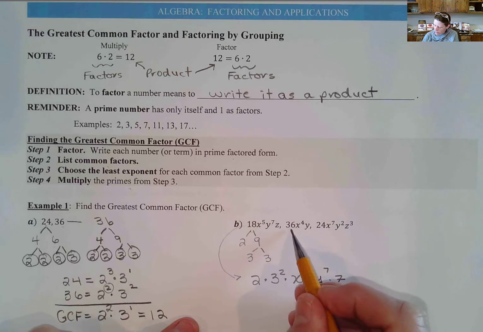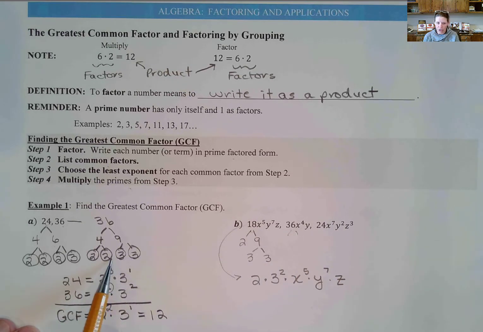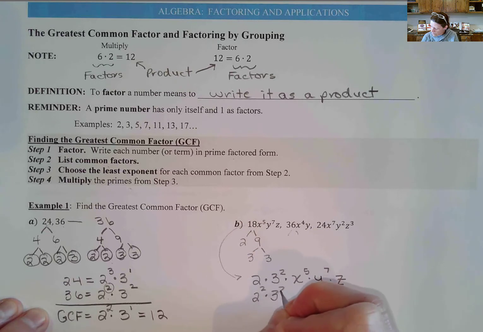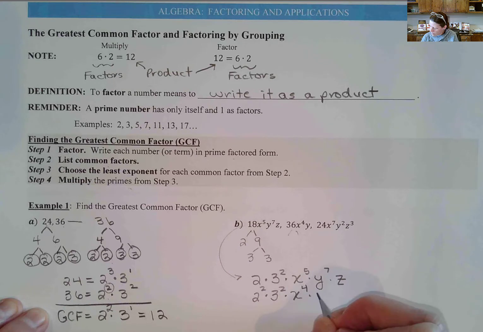Now as we factor 36, I'm just going to look back at our previous problem and use our results there. 36 is 2 squared times 3 squared, and our variables are x to the 4th times y.